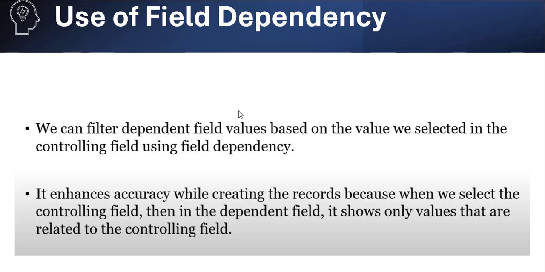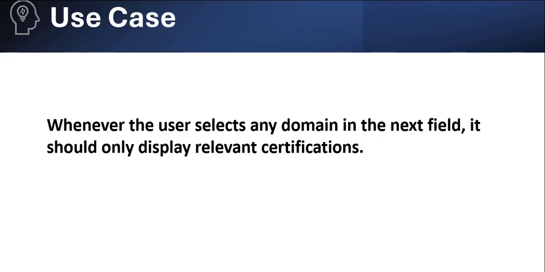Again, let's take the example of country and states. In the country field, if you select India, then in the state field you can see only those states which are relevant to the country India. And if you don't have the field dependency, then it will be very difficult to select the state from among all the other countries too. So these are the important uses of field dependency.